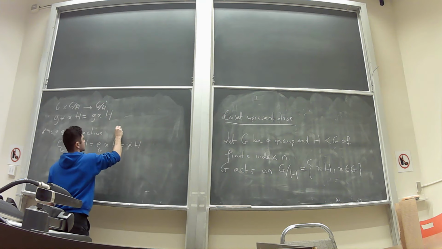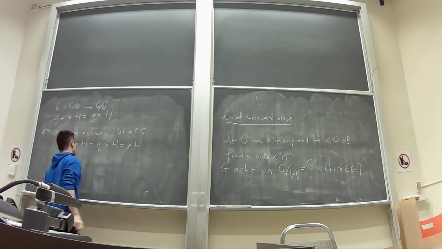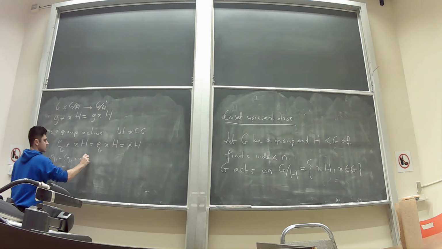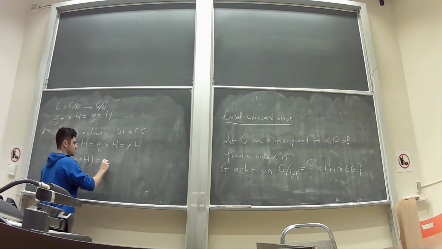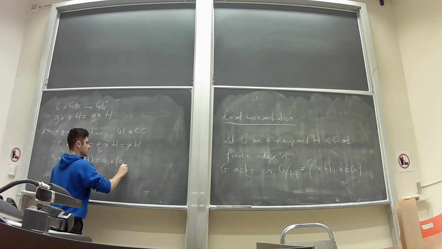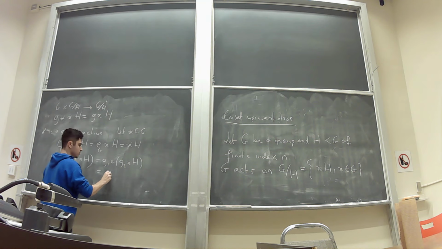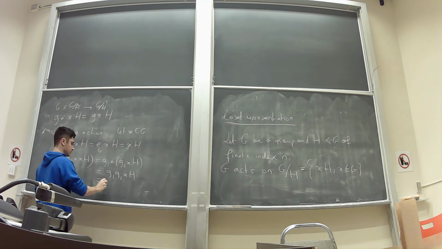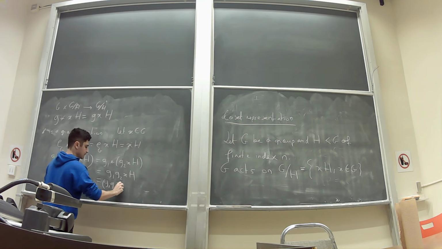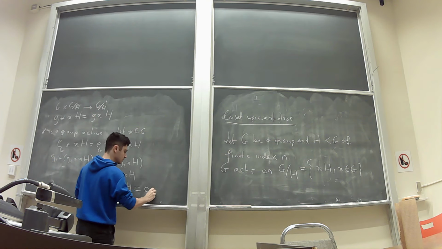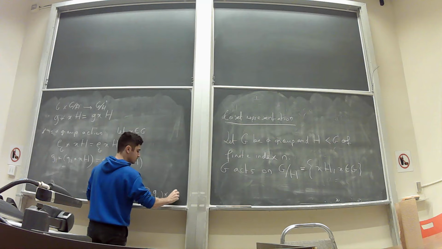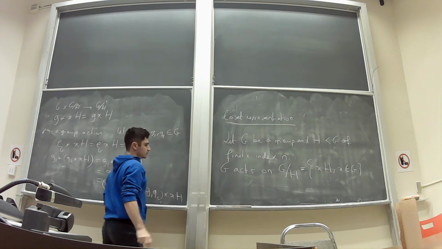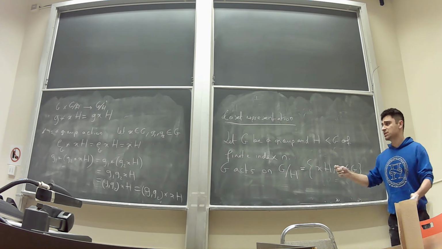So here, let x be in G. And then g1 star (g2 star xH) is just g1 star g2 xH, and this is just g1 g2 xH, which is just (g1 g2) star xH. Okay, let x be in G, g1, g2 in G. Okay, so this is a group action.